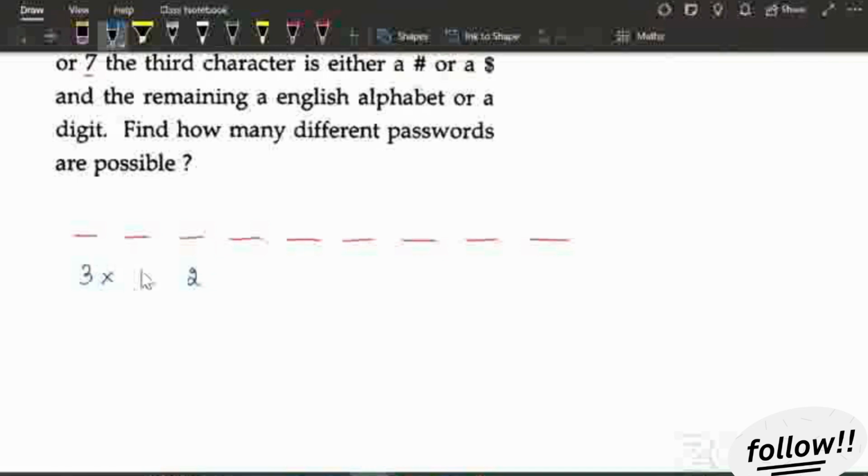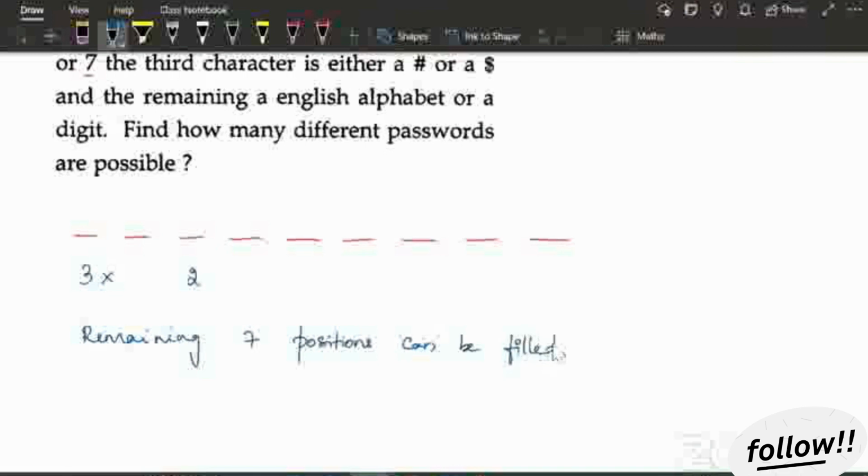There are remaining 7 positions, right? So you have to write: the first position can be filled with any of the 3 digits in 3 ways. The third position can be filled with either a dollar or hash in 2 ways. Write down those 2 sentences and then you have to write that the remaining 7 positions can be filled.